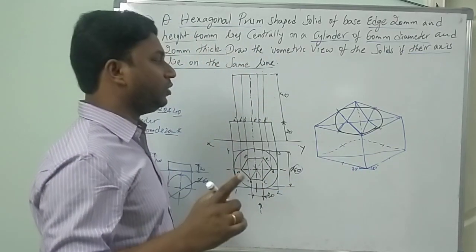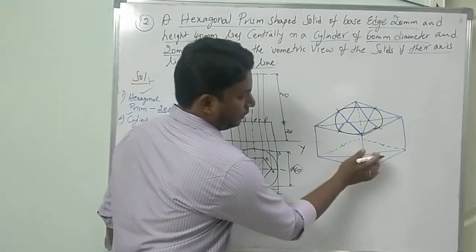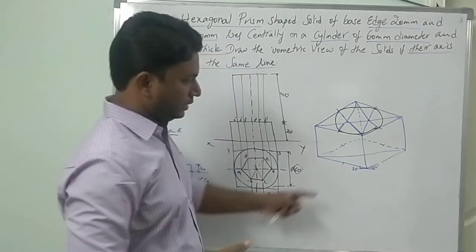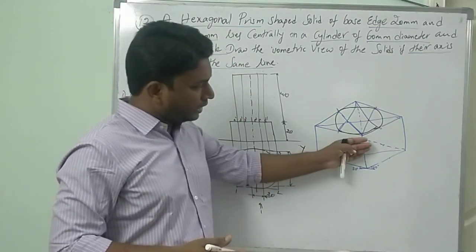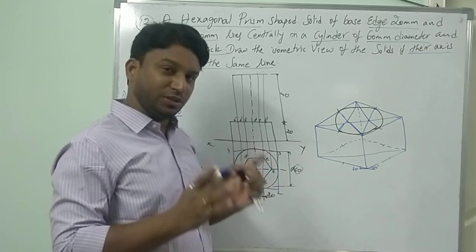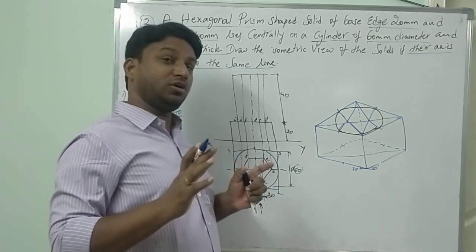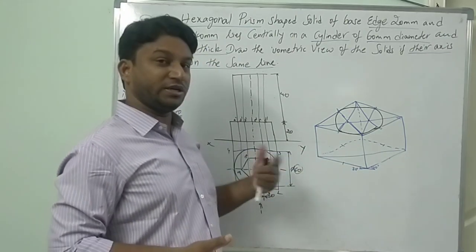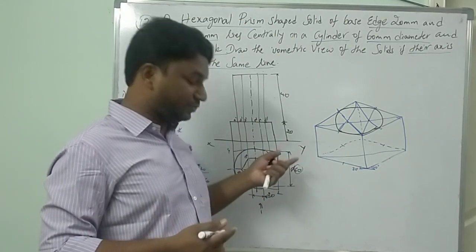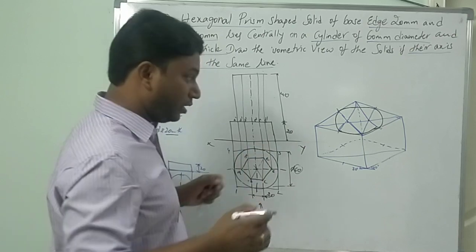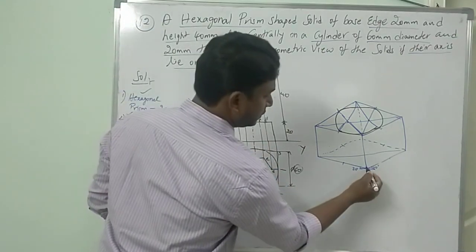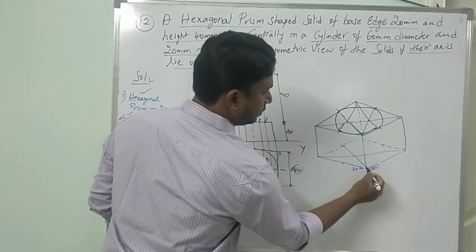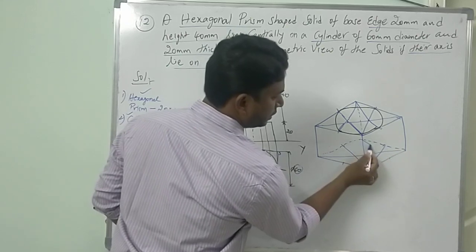Now remember, with respect to this diagonal, only this side part will be visible thick, because if you observe in the cylinder, it's visible clearly on the outside, and with respect to the back side, it is dotted. So for that purpose, draw diagonals from shorter to opposite.